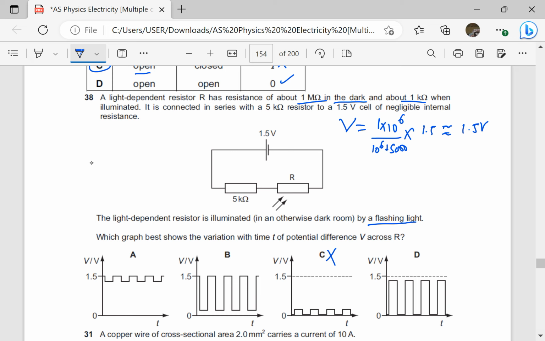Then when it is illuminated, the resistance is 1 kilo ohm. So that is 1 times 10 power 3 divided by total resistance, which will be 1 kilo ohm plus 5 kilo ohms, which is 6 kilo ohms. So that is 6,000. Then times 1.5.